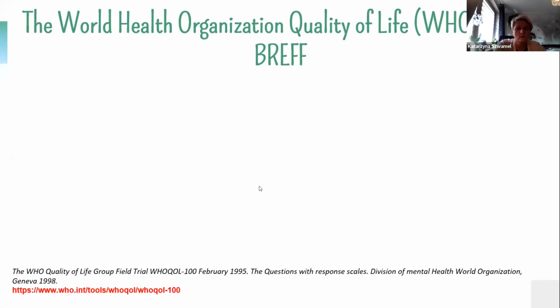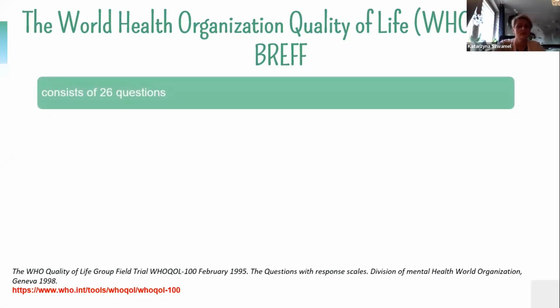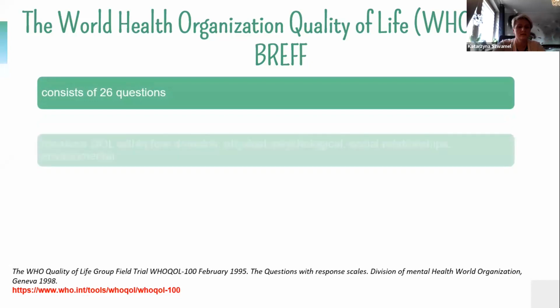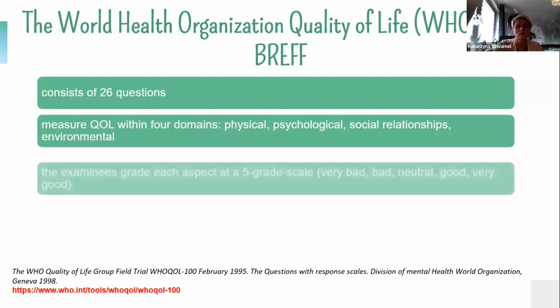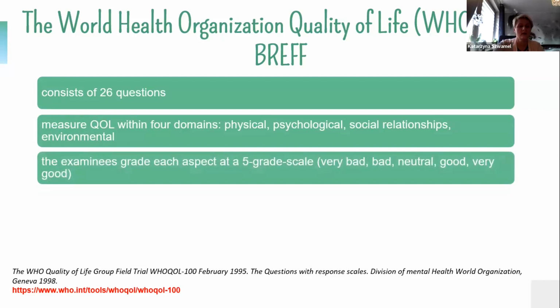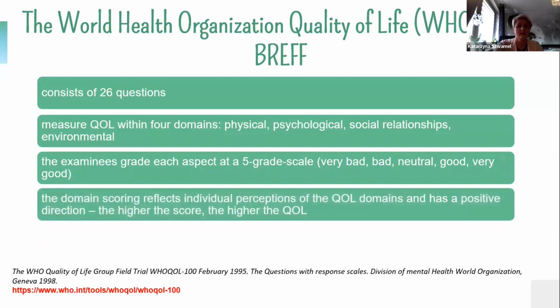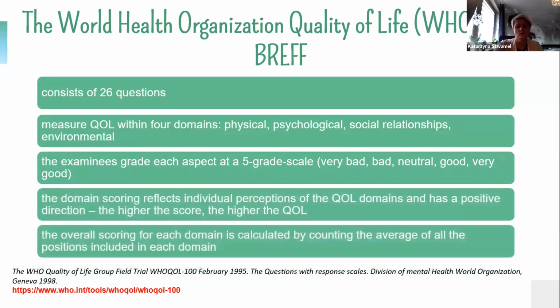The World Health Organization Quality of Life questionnaire consists of 26 questions and measures quality of life within 4 domains: physical, psychological, social relationships, and environmental. Each aspect is assessed on a 5-grade scale, from very bad to very good, and a higher score means a higher quality of life.